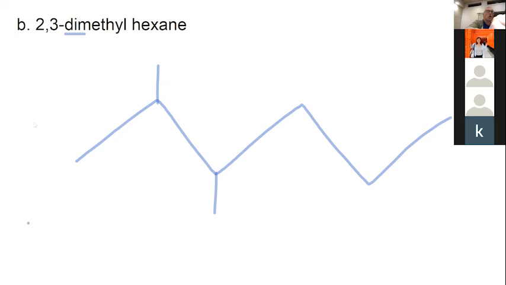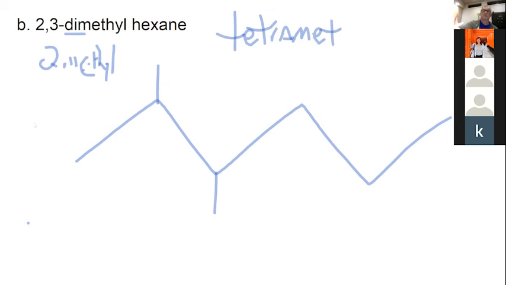Dimethyl means there's a total of 2 methyl groups. If there were 2 methyl groups at 2 and 3, that would be 2,3-tetramethyl, a total of 4 methyl groups. But since it's dimethyl, there's a total of 2, 1 at 2 and 1 at 3. So you can draw it like that.